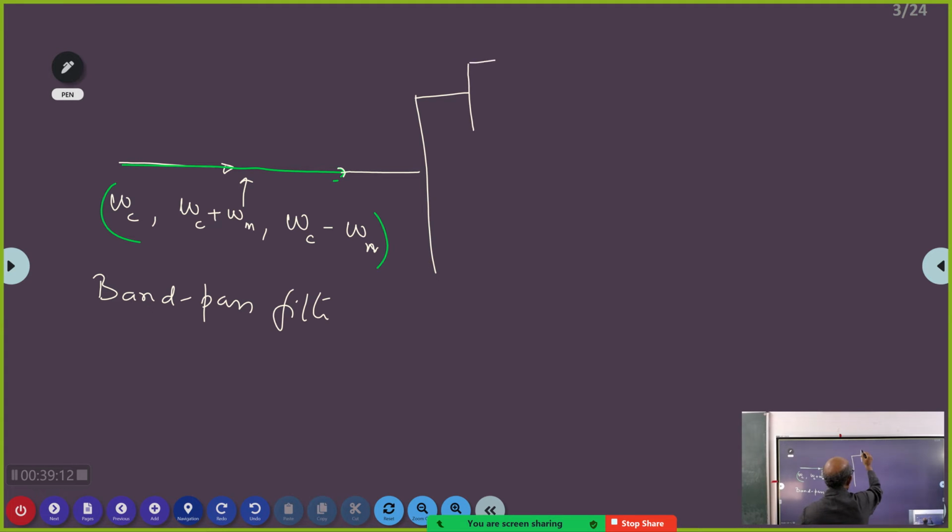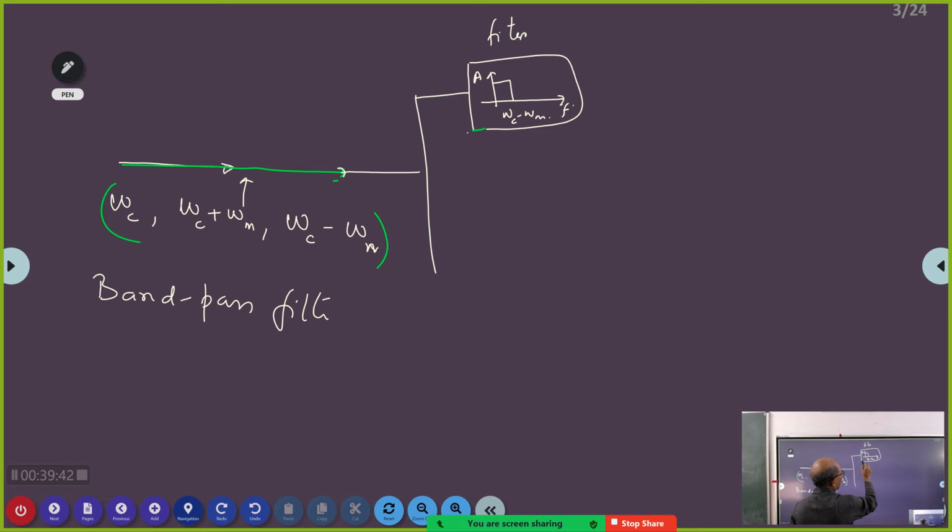If I have a filter, see, this is a filter, whose characteristic, filter characteristics, amplitude versus frequency, is like this. This is omega c minus omega m.